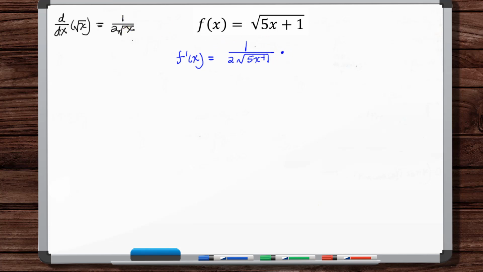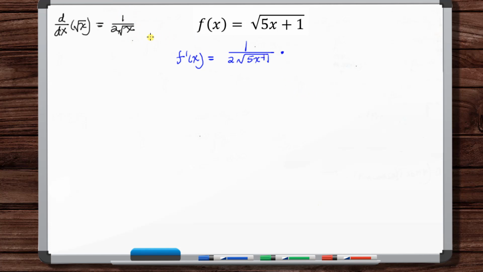If we were over here, we would say the d dx of root x is 1 over 2 root x times the derivative of x, dx dx, right? This is just 1, so we don't write it. So even when you do regular derivatives, you're doing the chain rule and you're not realizing it, because you're multiplying by 1.